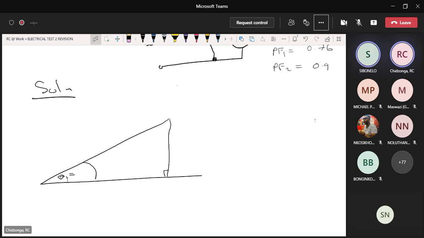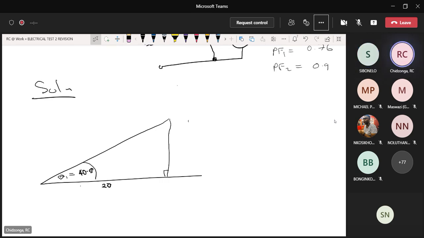That is 40.54 degrees. Okay, 40.5 degrees. And then P is 20 kilowatts.